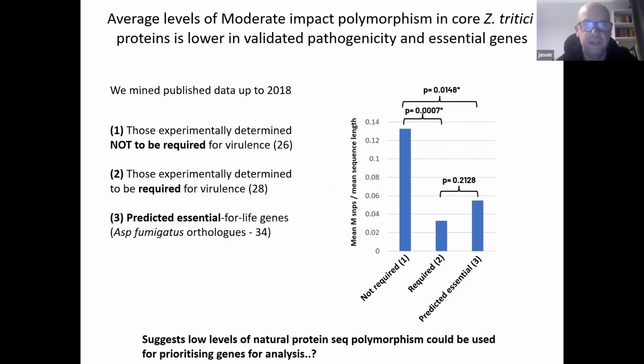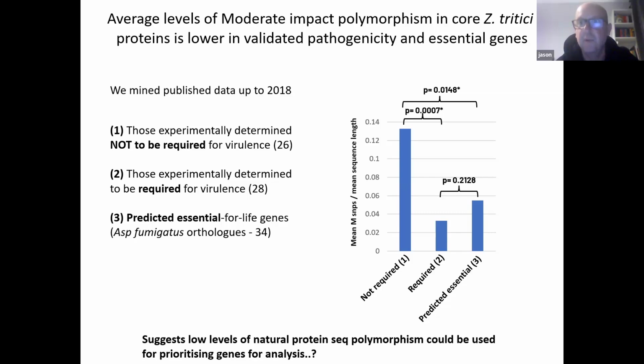And we divided them into 3 categories, and we looked at all the genes that were experimentally shown and published not to be required for virulence, those that have been required for virulence, and also we defined by orthology the predicted essential for life genes that are known from Aspergillus fumigatus and drew them across to Zymoseptoria tritici.